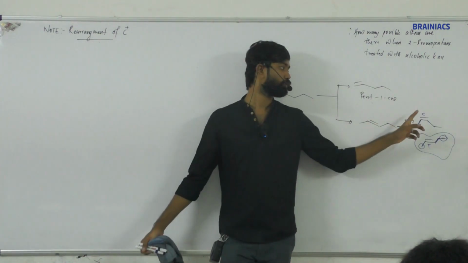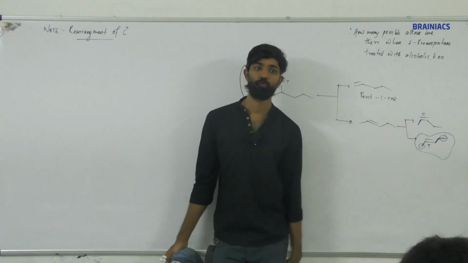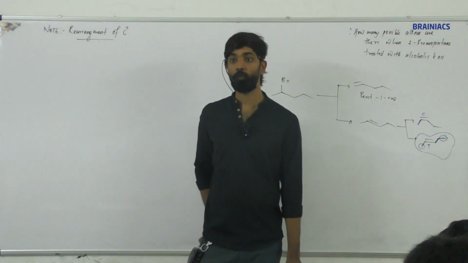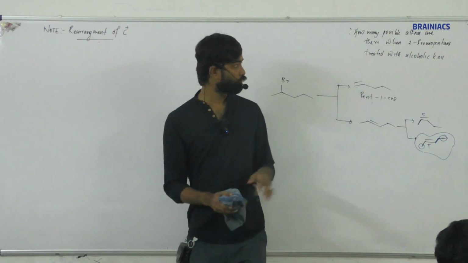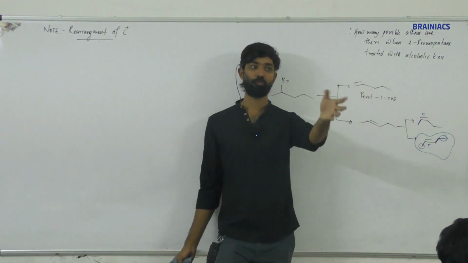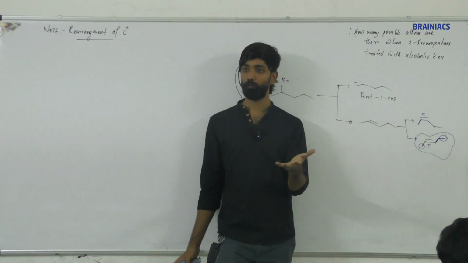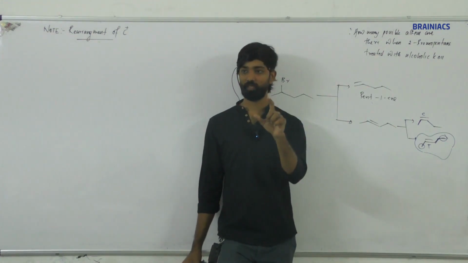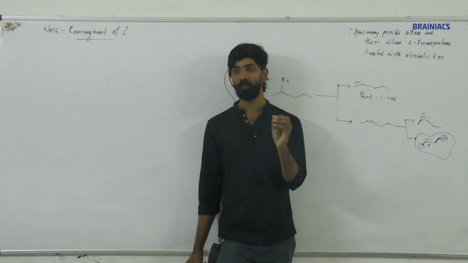So here there is a chance for cis and trans, where trans is more stable. If the question is to find the major product in the elimination of 2-bromopentane, you simply look at the choices, pent-2-ene or pent-1-ene, and choose pent-2-ene. Moreover, you have to consider whether the base is bulky or non-bulky.